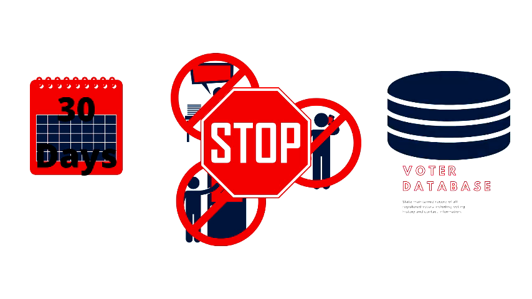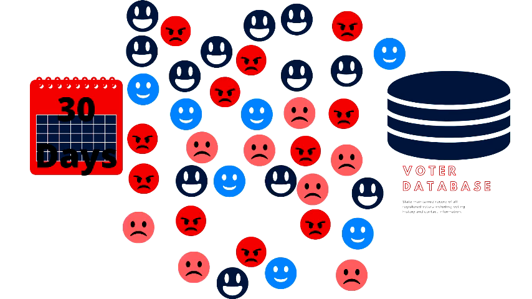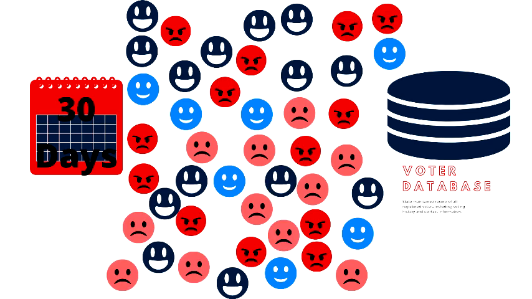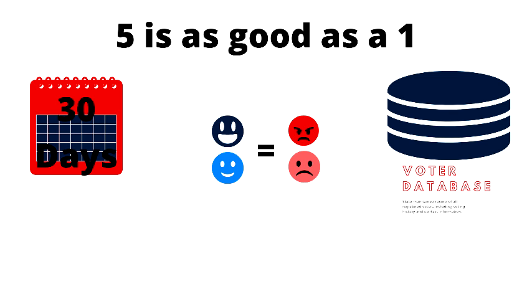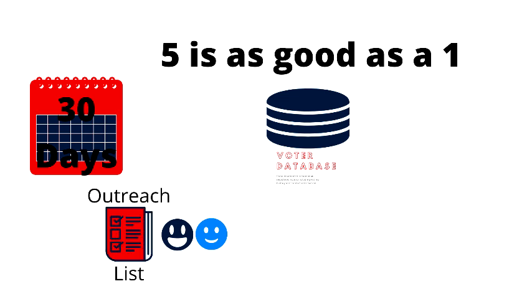And I want to stress this. I say this to everyone. When you're recording supporters and detractors, it is important to understand that a 5 is as good as a 1. Because what happens is you run straight out identifying supporters. Anyone that's a supporter is automatically taken out of the voter universe and listed as a supporter. That means that they'll be recruited for possible donations or maybe volunteer opportunities.